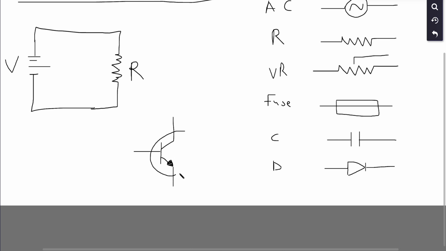You'll have a circle around it like this. And this can be a C, this can be a B, this can be an E. And this will be a representation of a transistor. Inductors look more like this.